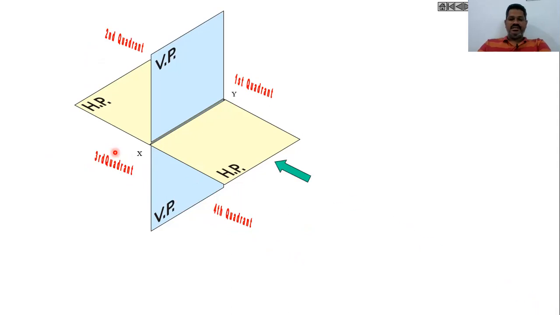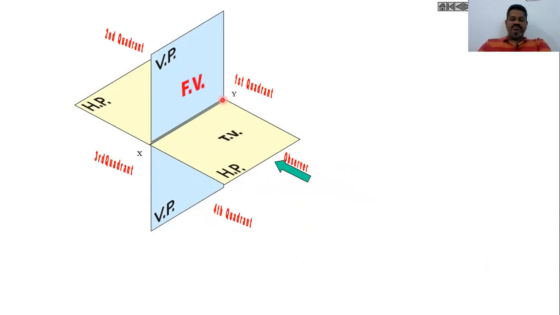Let me take a component. Our observer is observing by standing in front of the vertical plane like this, which is in the first quadrant.